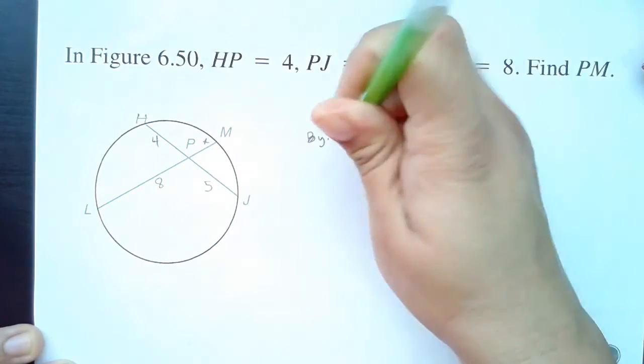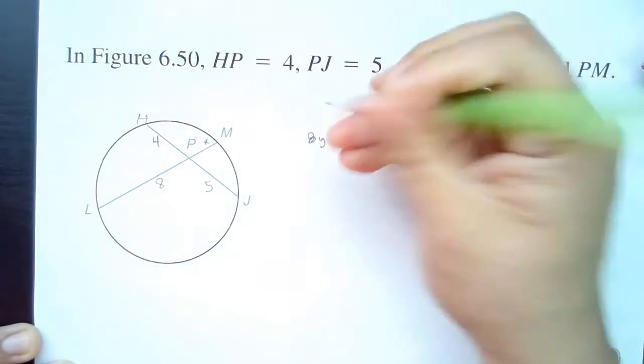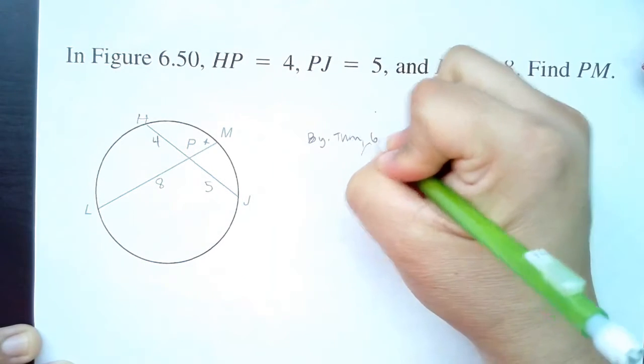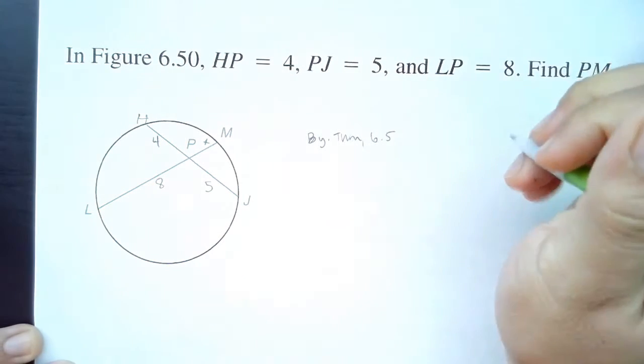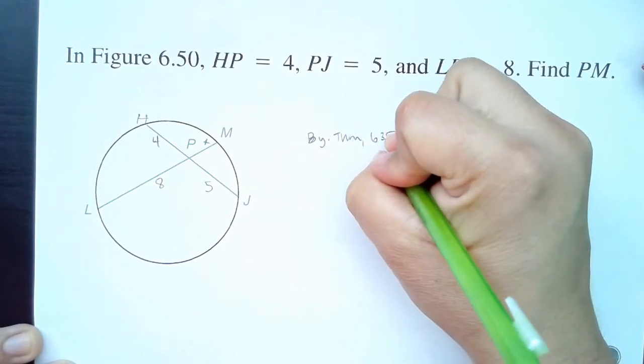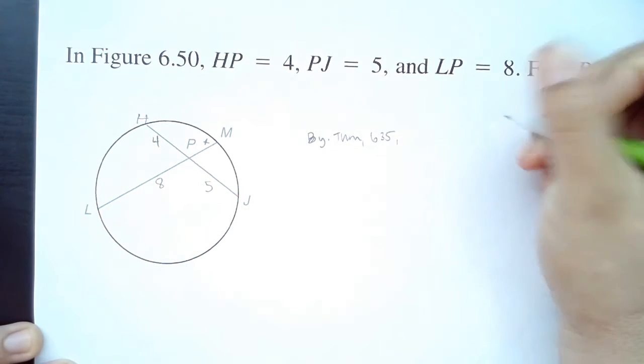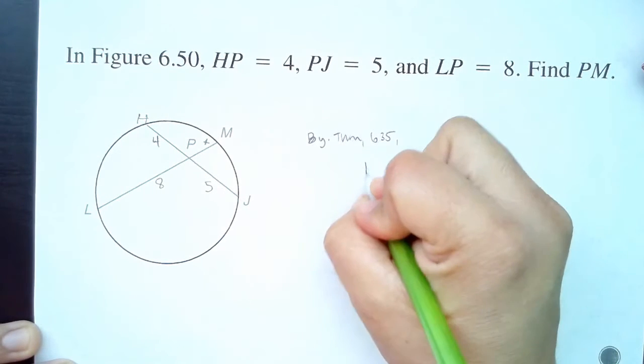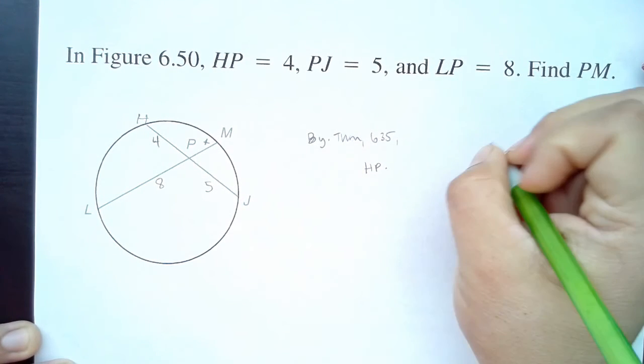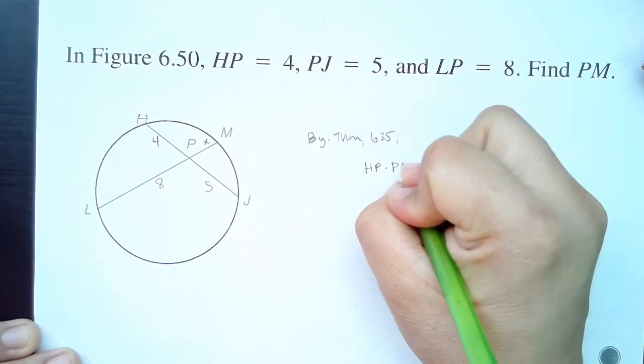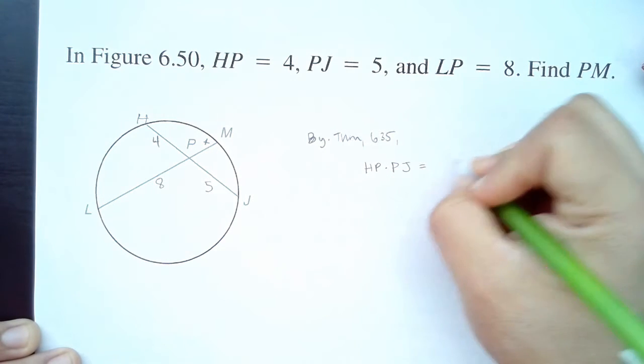By theorem 6.35 we can say that the product of HP and PJ is equal to the product of LP and PM. So we just substitute.